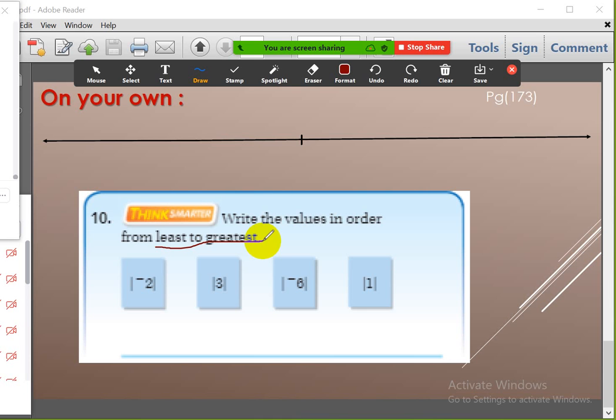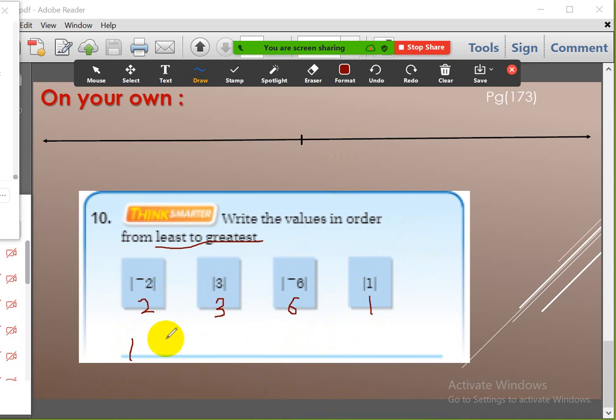That means the absolute value for -2 is 2, the absolute value of 3 is 3, the absolute value of -6 is 6, and the absolute value for 1 is 1. I have to order from the least to the greatest. The least one between those is 1.